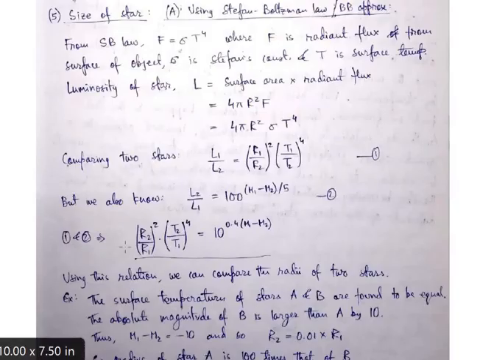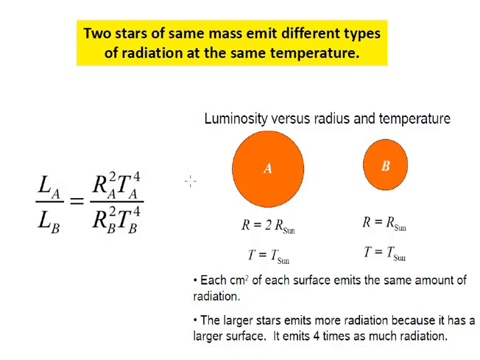Now let me talk about another fact. I wish to talk to you about how to get an idea about the size of a star. The first way is to use the Stefan-Boltzmann law, and we observed through 2 examples how we can get an idea about the size of the star.